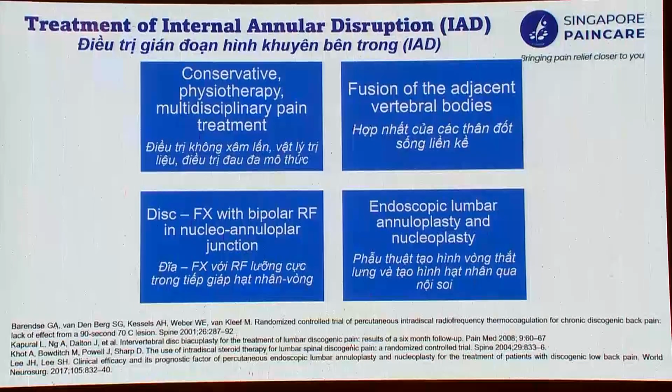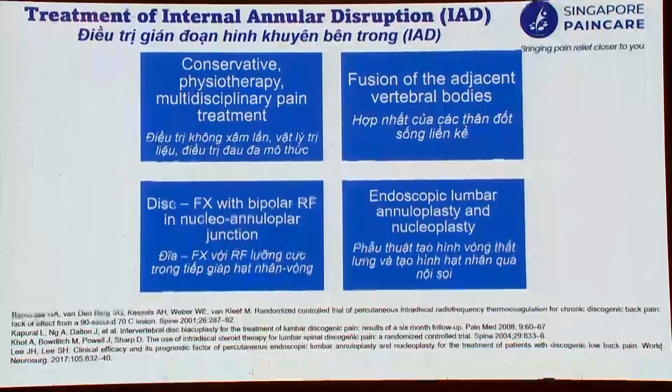On the other end, surgeons will want to fuse the spine, do intervertebral fusion. In between, you may even have discs such as this FX, whereby you can do a bipolar radiofrequency ablation, or you can even do an endoscopic disc decompression using annuloplasty and nucleoplasty.